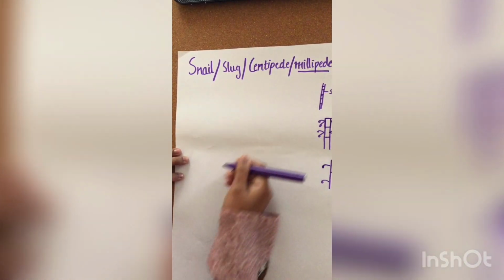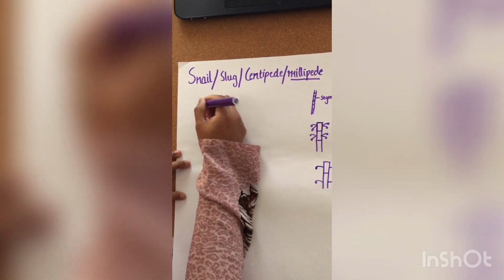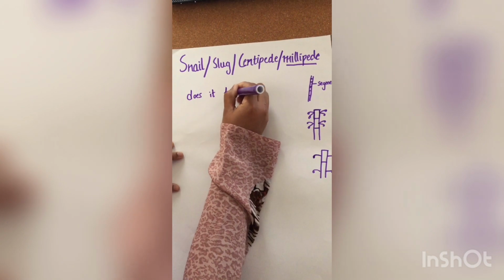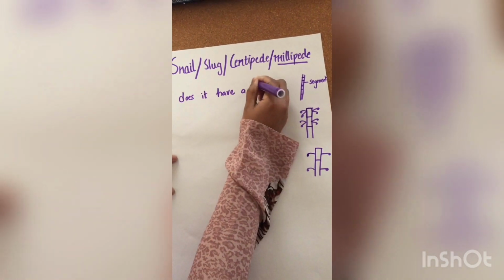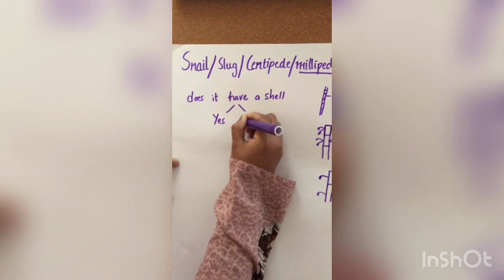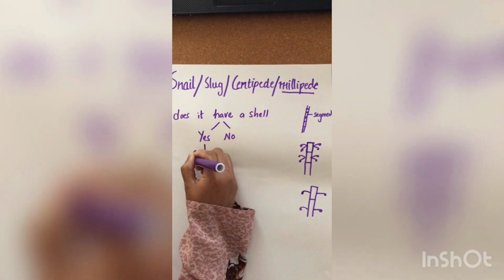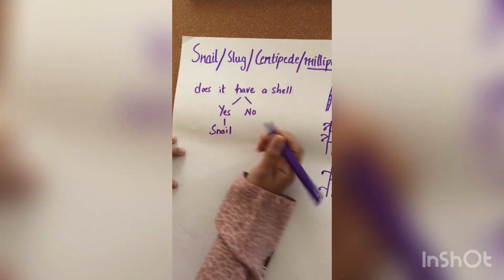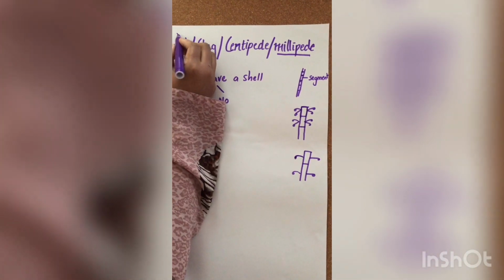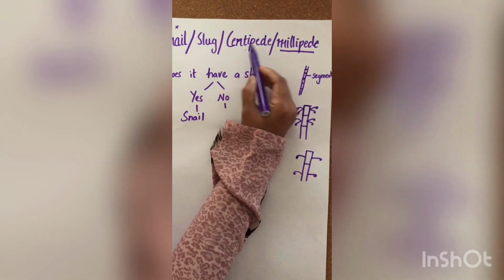Now let us start. Does it have a shell? So we are done with the snail now, right? Now we have centipede and millipede.